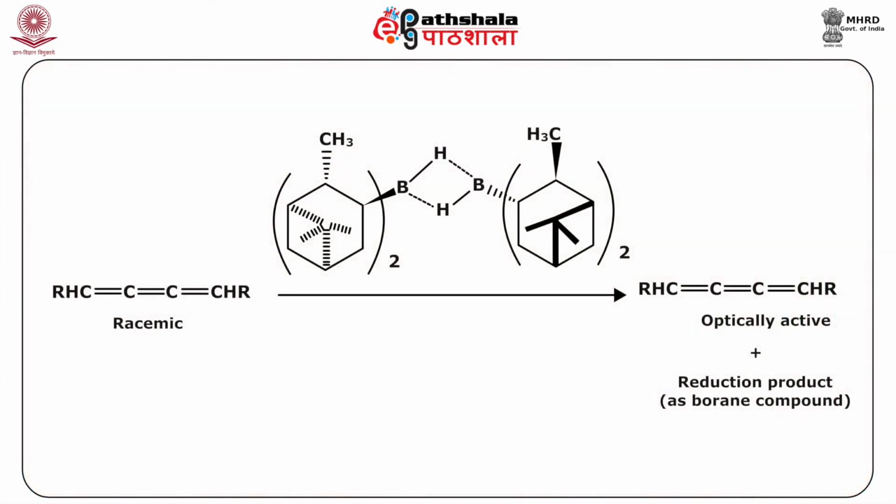The kinetic resolution of racemic allene with the chiral hydroboration agent IPC2BH gives the reaction product as a borane compound, and the optically active allene was found to be unreacted during the kinetic resolution process. Now you can see here how we can separate the optically active allene by kinetic resolution of the racemic allene.